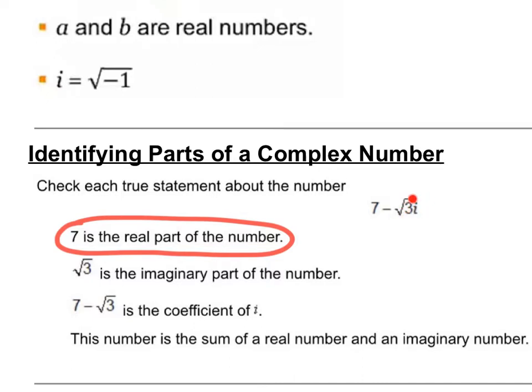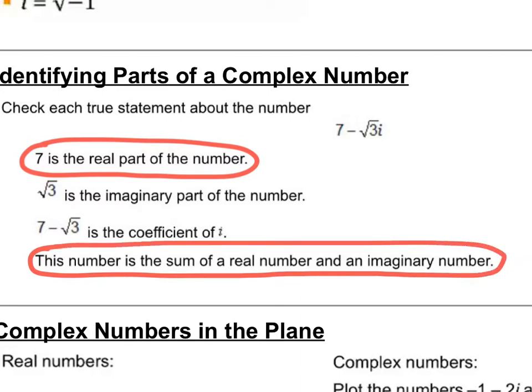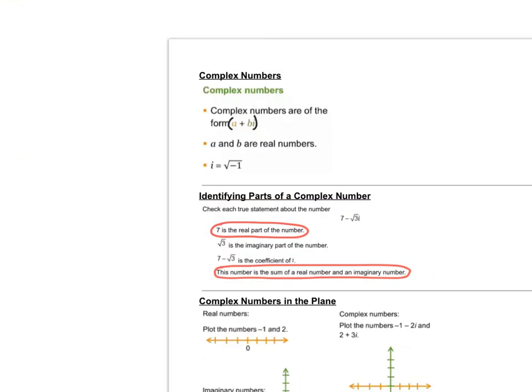Square root of 3 is a real number. And it says 7 minus the square root of 3 is the coefficient of i. No, only the square root of 3 is the coefficient of i, okay? And it says this number is the sum of a real number and an imaginary number, and that is true, okay? And that's the idea, all right?